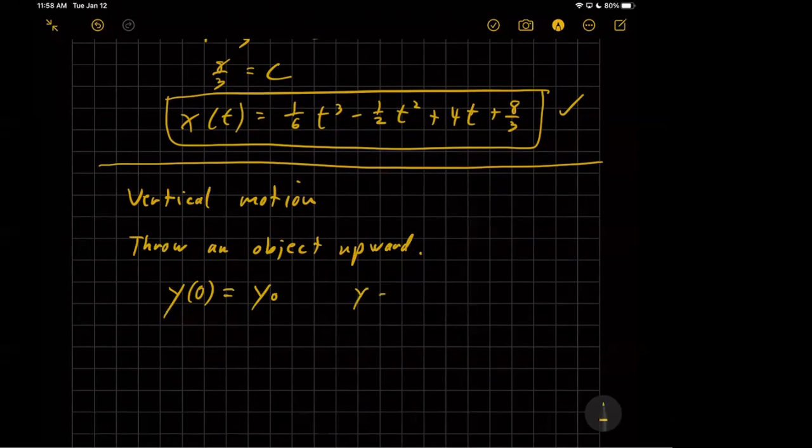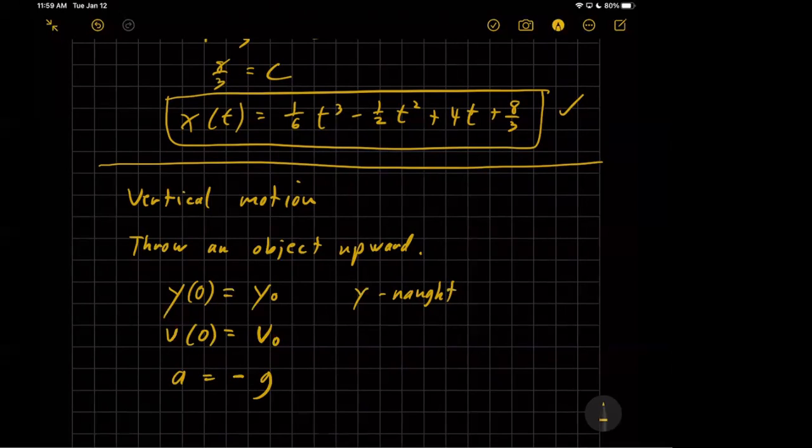You pronounce that N-A-U-G-T, naught, meaning nothing. So y at time 0, and then we have some initial velocity, which in physics you call v0, or v at time 0, and then we know that the acceleration is always negative g.